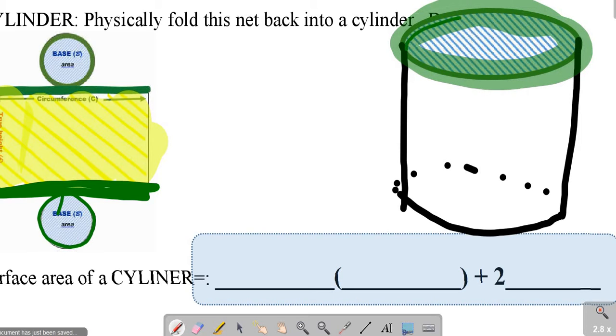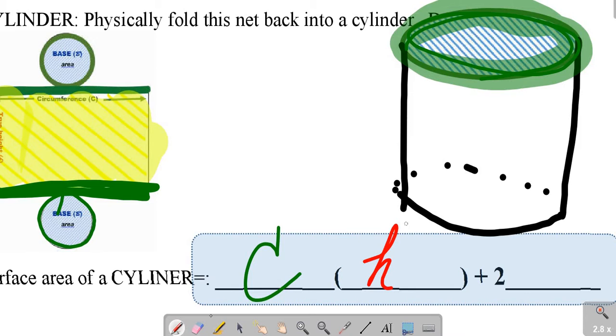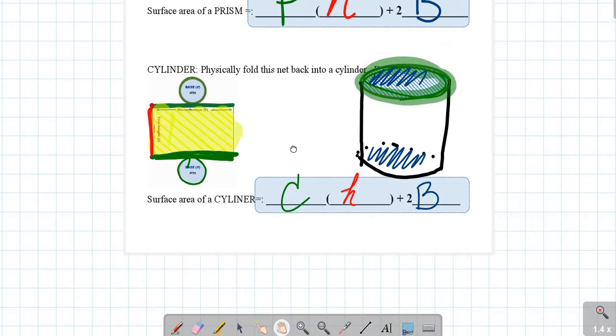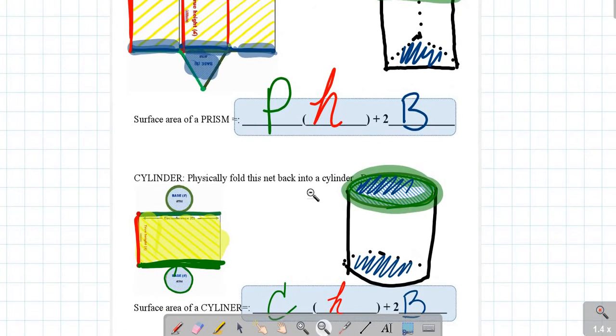So we don't call that perimeter when we have a circle. We call that circumference, times the height, plus the area of the 2 bases. Notice it's a capital B again, meaning area of. So look here carefully.